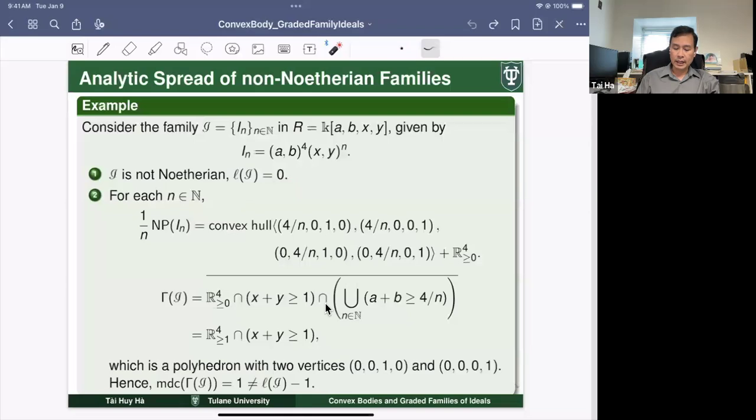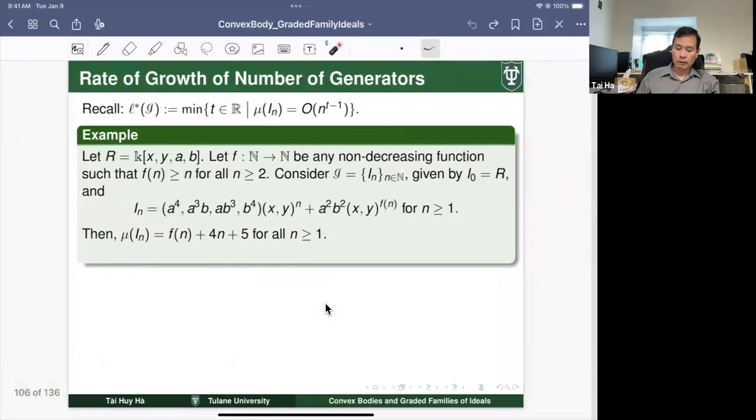However, one can figure out exactly what the Newton polyhedron of each element inside the family is, and then if you scale by 1/n, take the union, and take the closure, it's exactly this region here that has one compact face connecting this point (0,0,1,0) to the point (0,0,0,1) in R^4, and so the maximum compact dimension will be 1, but that is not the same as the analytic spread number minus 1.